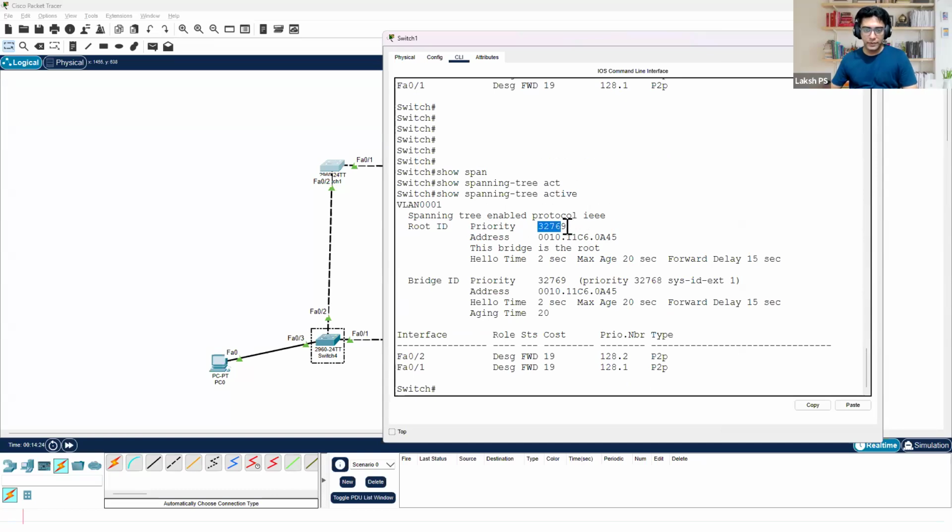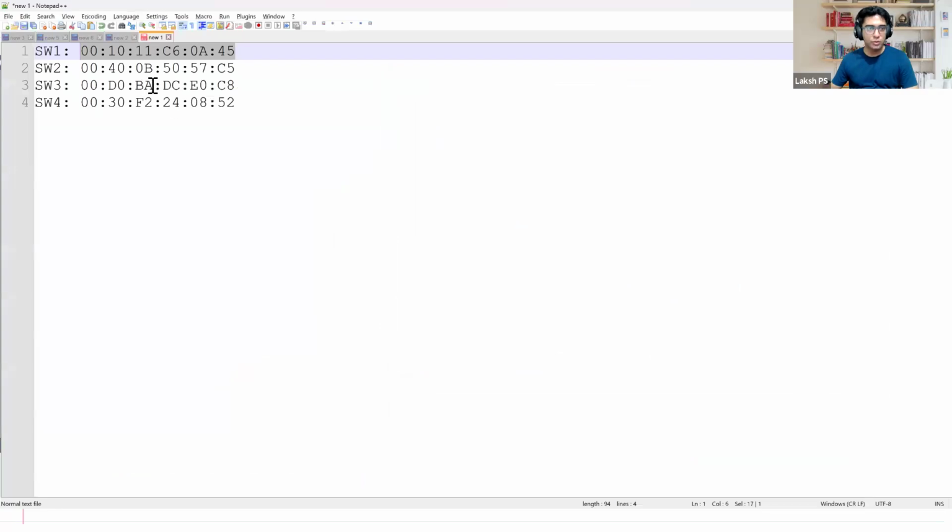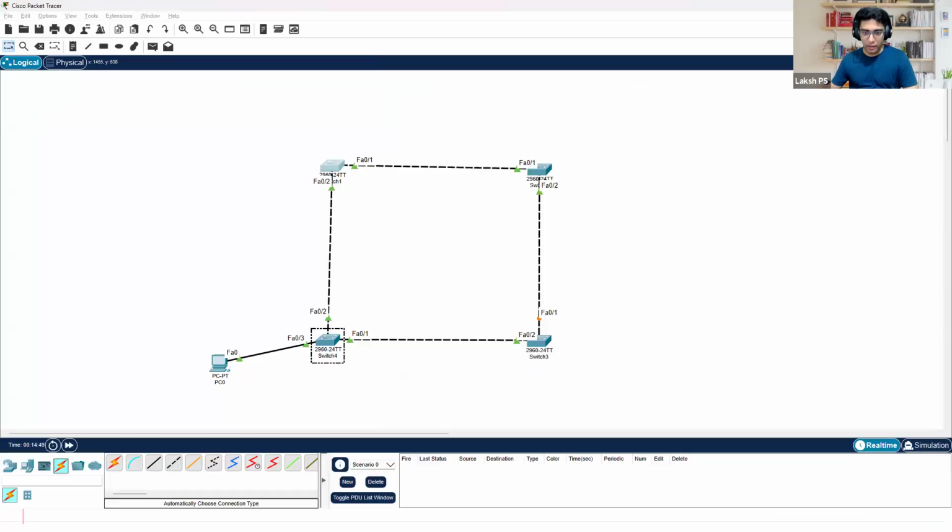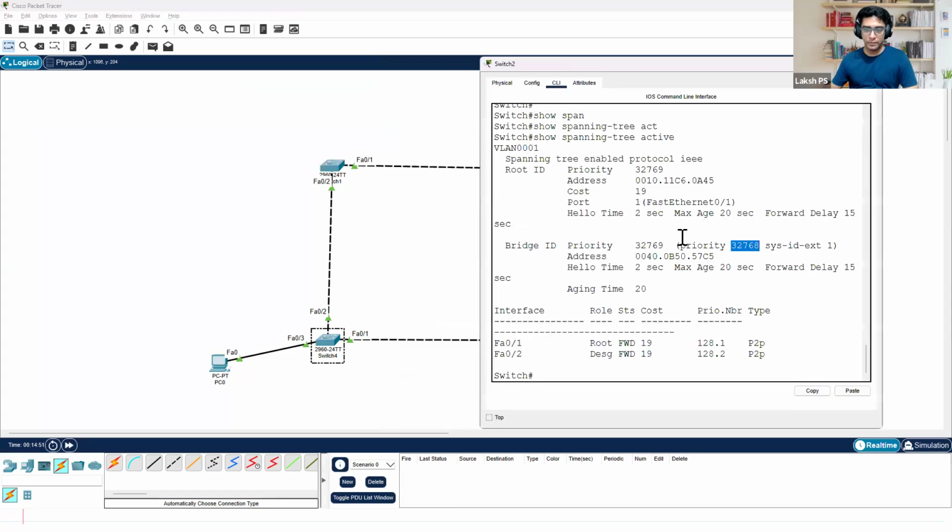This is the root switch's MAC address, and you can clearly see it says this bridge is the root, which completely proves our analysis that switch 1 is really the root switch over here.